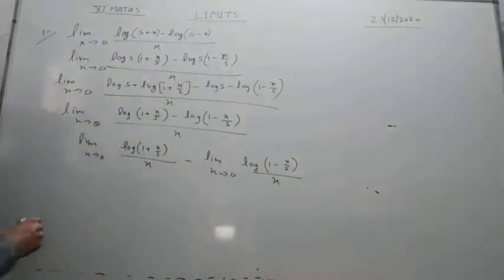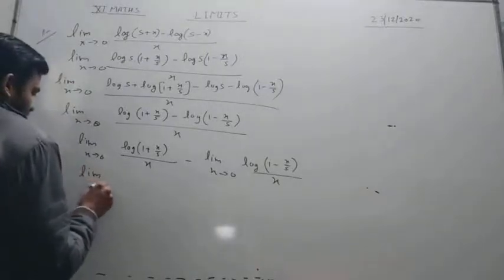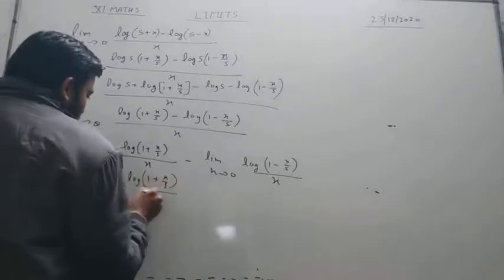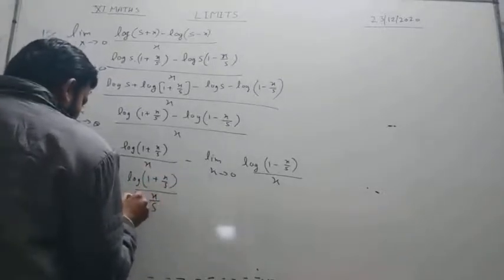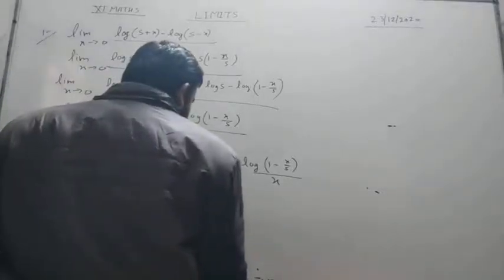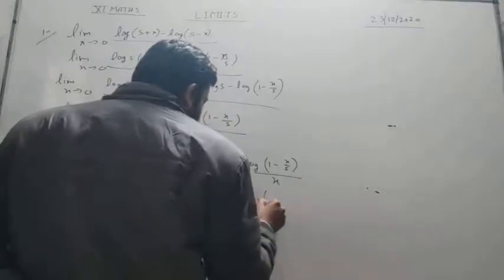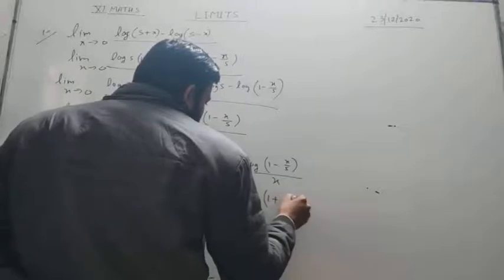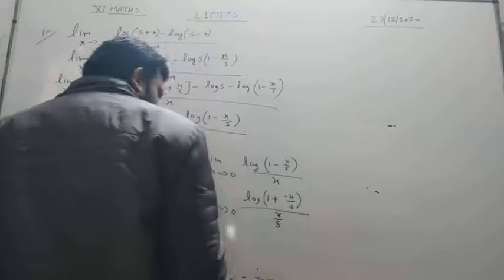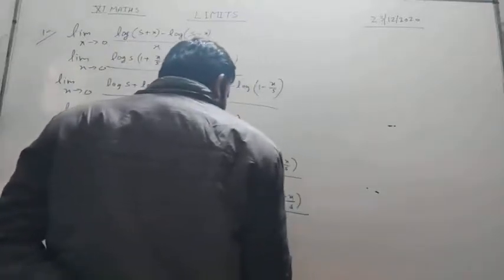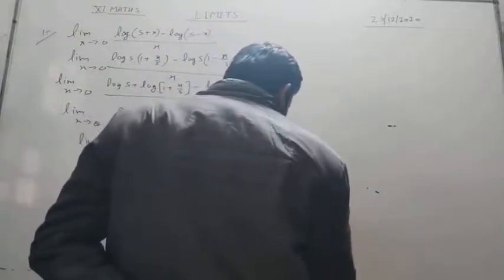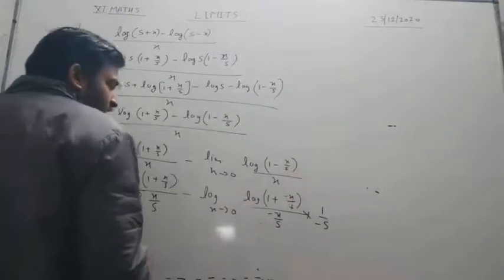Now we write limit x tends to 0 of log(1 plus x by 5) by (x by 5), into 1 by 5, and minus limit x tends to 0 of log(1 plus minus x by 5) by (minus x by 5), into 1 by minus 5.